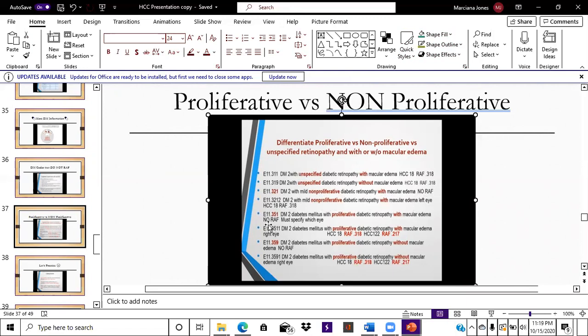Check this out. E11.351, diabetes with proliferative diabetic retinopathy with macular edema, no RAF. Must specify the eye. When I add the 1, the right eye, RAF scores. E11.359, no RAF. E11.351, RAF.